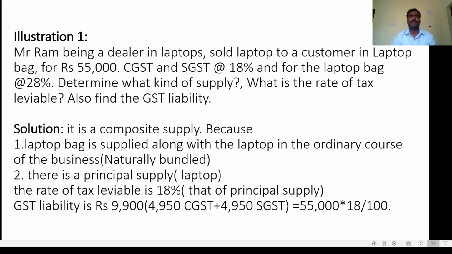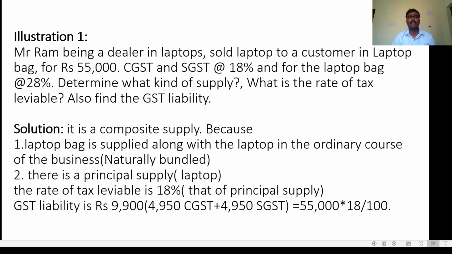The simple analysis of this question enables us to identify that it is a composite supply, because the laptop bag is naturally supplied along with the laptop in the ordinary course of business.